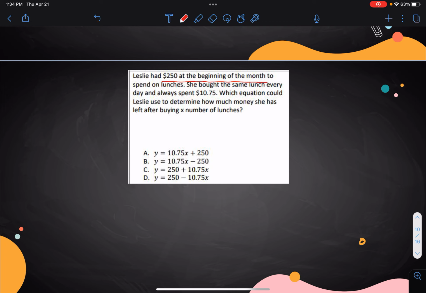She bought the same lunch every day and she always spent $10.75. Which equation could Leslie use to determine how much money she has left buying X number of lunches? So here it's X number of lunches. So X is going to go with the number that has to do with lunches.